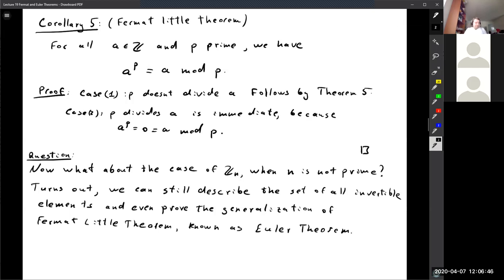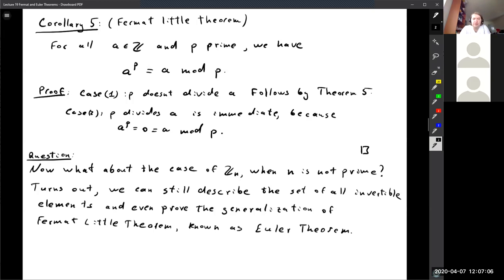So let's get started with this part. But by the way, before that, any questions about the case of the ring Z_P for prime P? Okay.